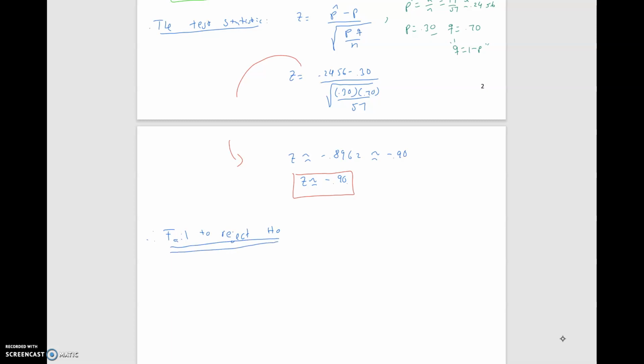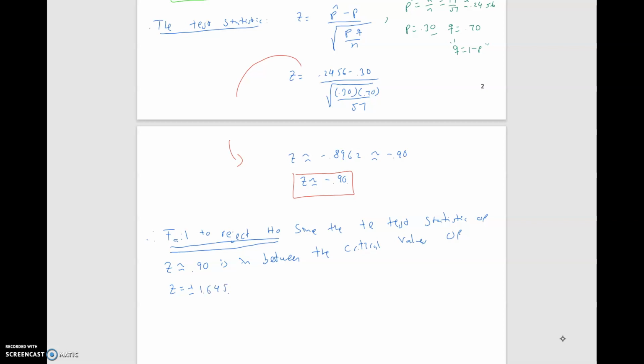We can state that since the test statistic of Z is approximately negative 0.90 is in between the critical values of Z equal to plus and minus 1.645.